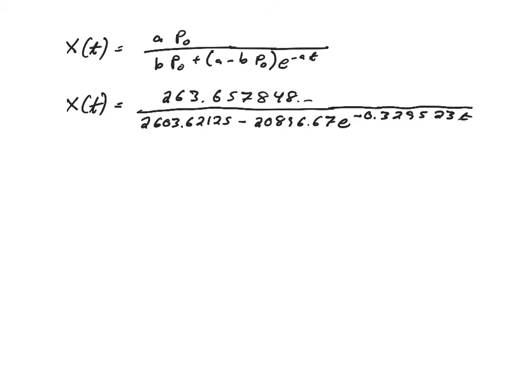Now the next question says, we didn't actually solve it. So the question was when will it reach half capacity? So remember, capacity was, so the question was, when will we reach half capacity?